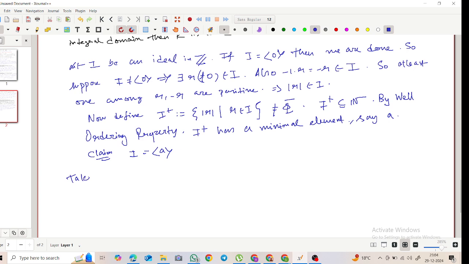Take r belongs to I. Now see, we have the division algorithm on Z, right? So r will be like a into q plus some s, where 0 less than or equal to s less than a.